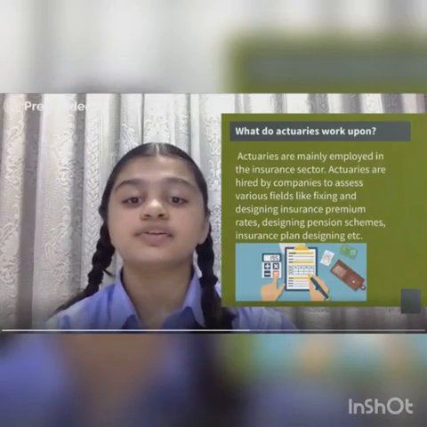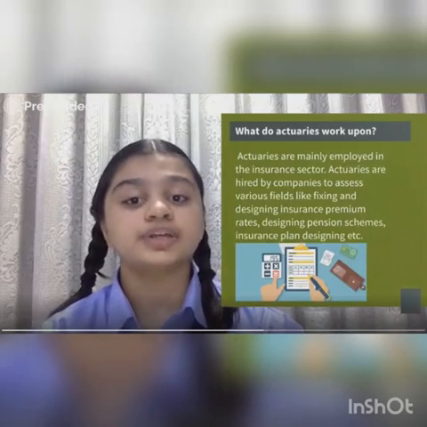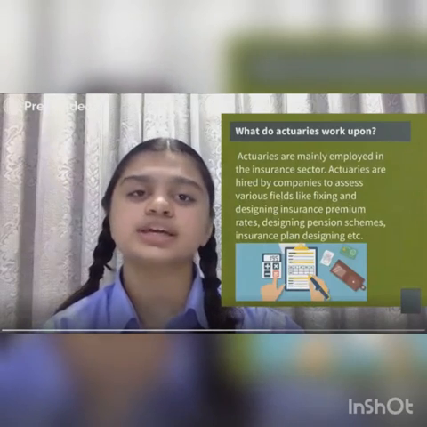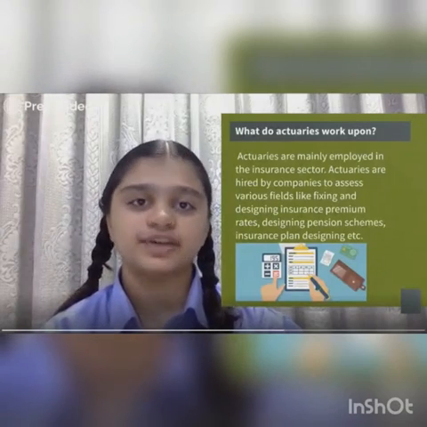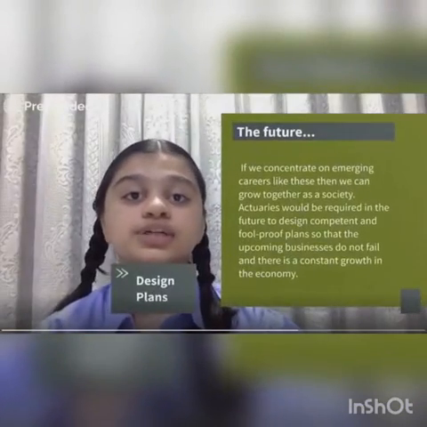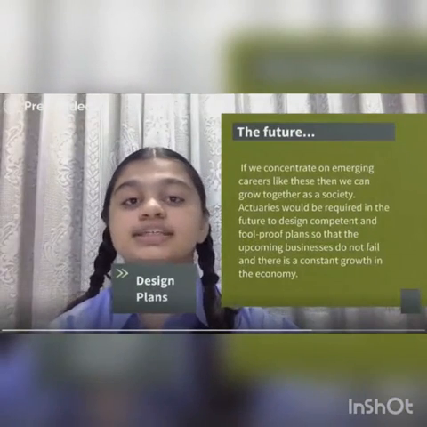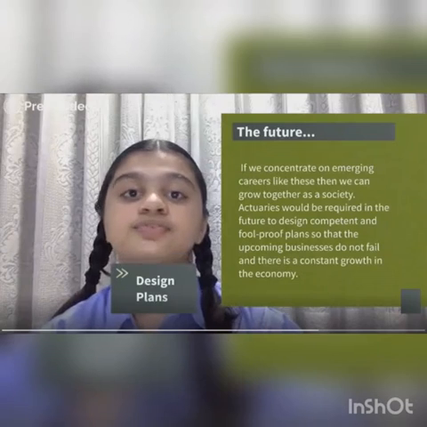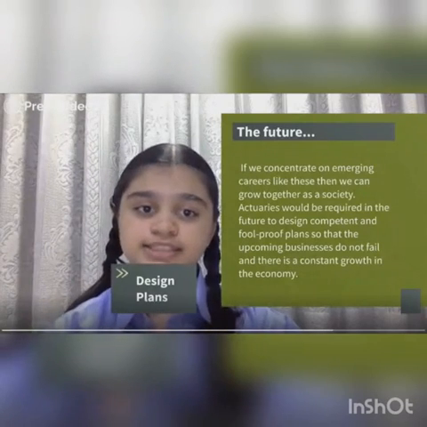Actuarial sciences are one of the toughest professions in the world and one of the most required. In today's times, various firms are losing control of their steering force just because of failed schemes and wrong investments. We need such professions for the future to grow together as an economy. Actuary work is vital to the success of financial organizations and the financial health of many other for-profit and non-profit businesses.